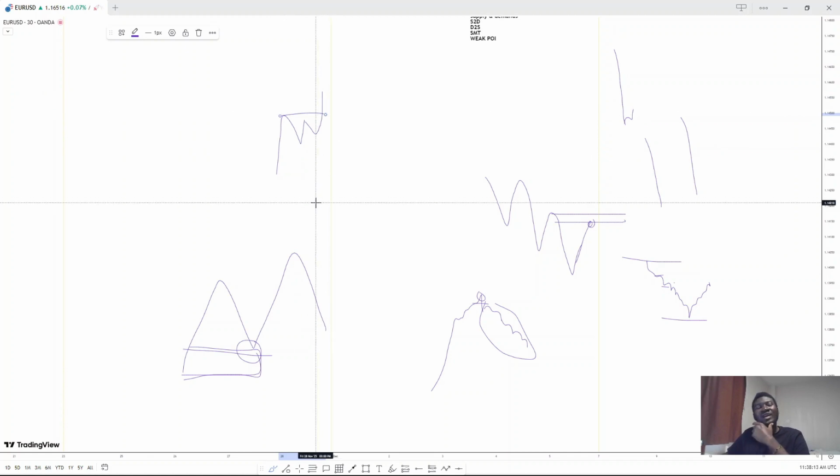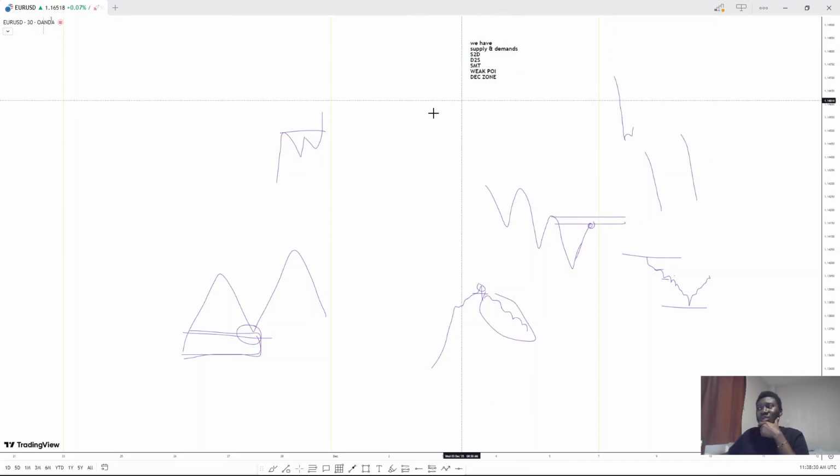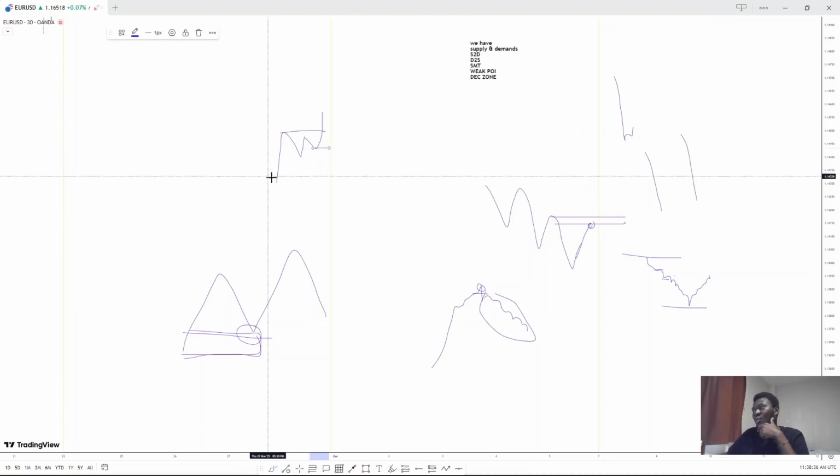then we have another type of POI. Yes, I think I've remembered the last one. We have another type of POI called the decisional zone. Now, the decisional zone is here. Why here?